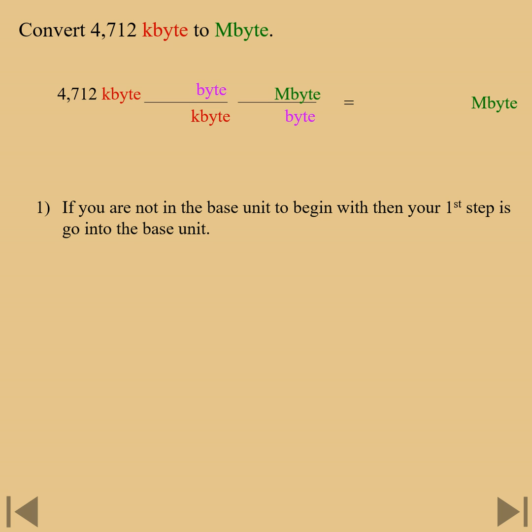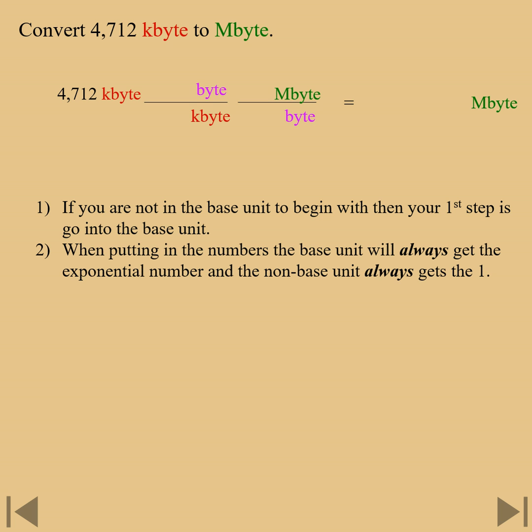Now for the numbers, the base 10 number always goes where? With the base unit. So in this case that would be bytes. And then 1 kilobyte, like 1 kilo anything, is 10 to the third. Whereas a megabyte, like a mega anything, is 10 to the sixth. And you do eventually need to remember these numbers.